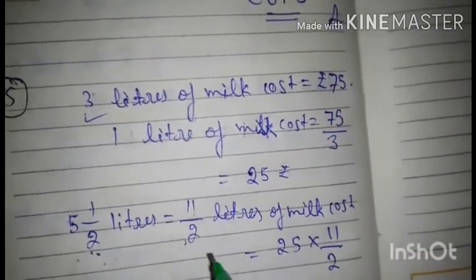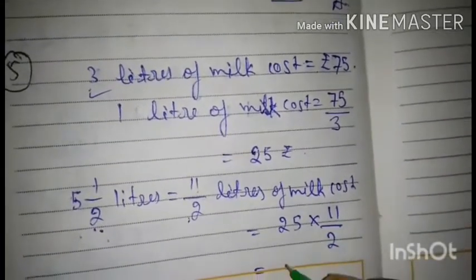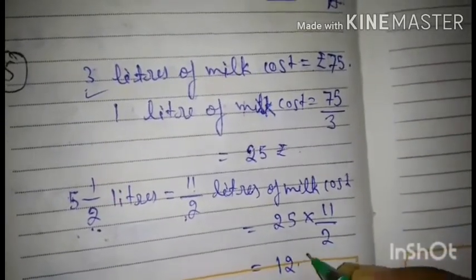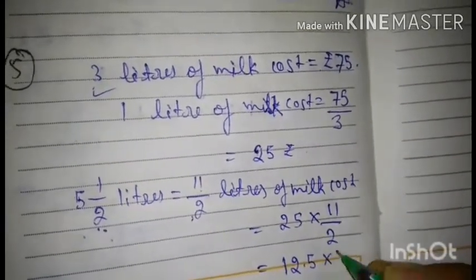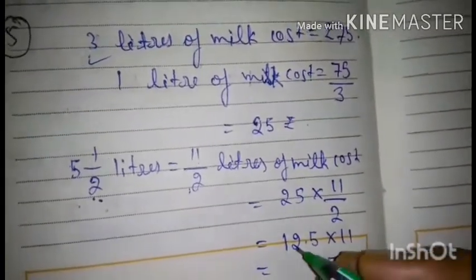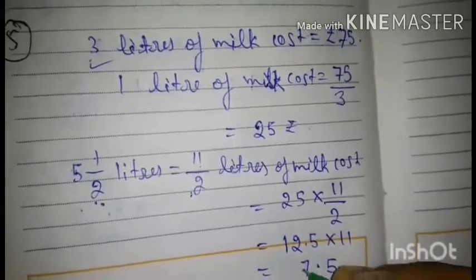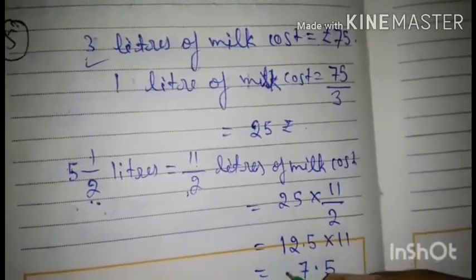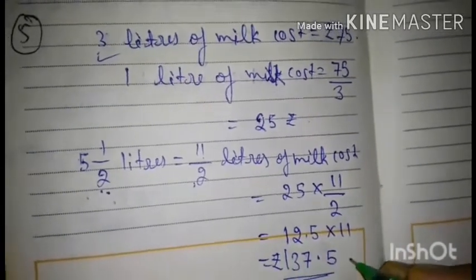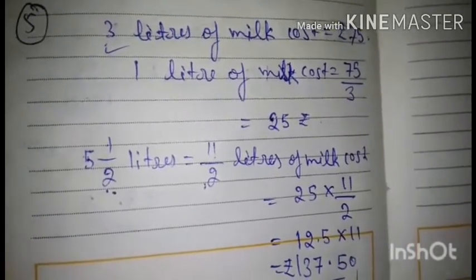We multiplied by 11 by 2. So now if you divide it, 2 2 ja 4, 2 5 ja 10. Multiply 11 5 ja 55, 11 2 ja 22 plus 5, 27. Then 11 1 ja 11 plus 2, 30, 137.50 rupees. That is the cost of 5.5 liters of milk.